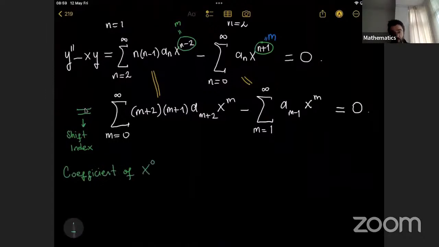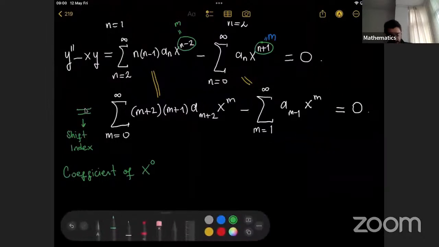What is the coefficient of x to the 0 here? When m is equal to 0, in the first sum, there is something coming, right? In the second sum, we don't have x to the 0. So the coefficient comes from the first sum.